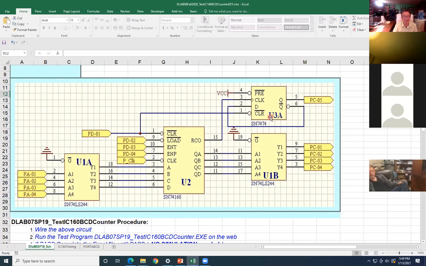So what you need to check: make sure pin 1 must be 0. Okay, and also pin 4 must be 1. If you don't get 0 on pin 5, then U3.